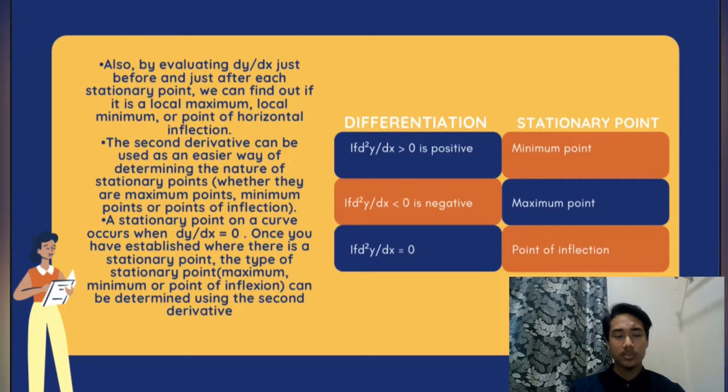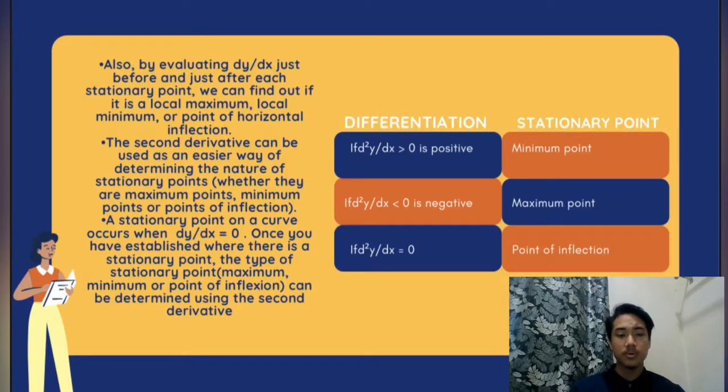Also, by evaluating dy over dx just before and just after each stationary point, we can find out if it is a local maximum, local minimum or point of horizontal inflection. The second derivative can be used as an easier way of determining the nature of stationary points, whether they are maximum points, minimum points, or points of inflection.